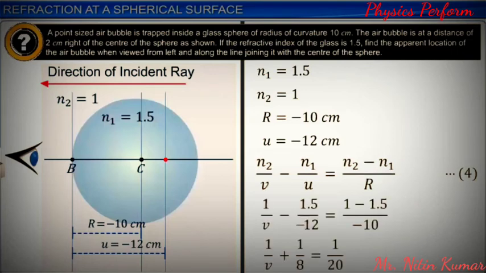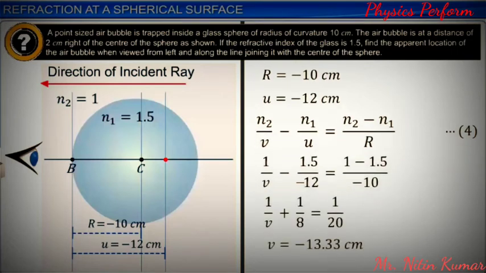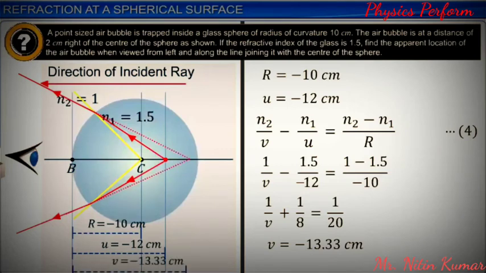Since the object is in denser medium, after refraction, light rays bend away from the normal. When produced backwards, the image is formed at a distance of 13.33 cm from B. Now let us find out the apparent position of the air bubble if it is viewed from the right side.